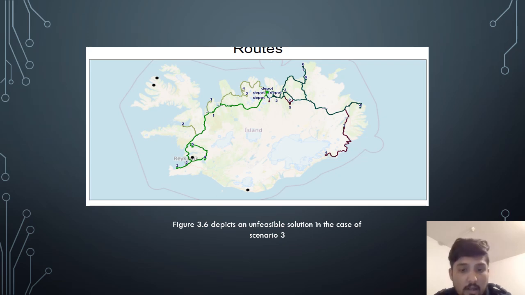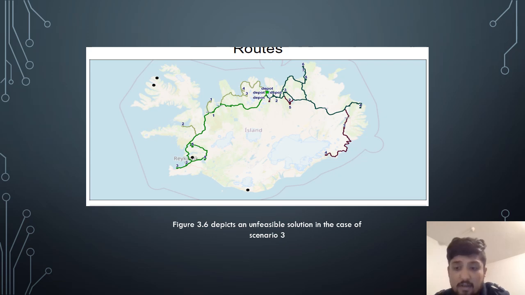And here we can see the unfeasible solution in scenario 3, where we cannot cover all the stops within the required constraints. To see what constraints scenario 3 has, we can go over my previous slides.